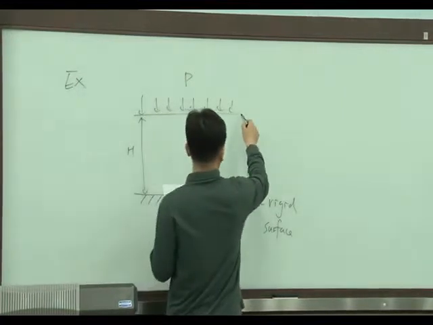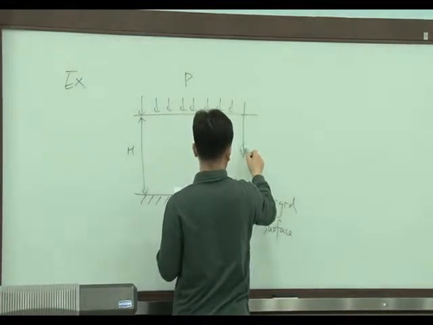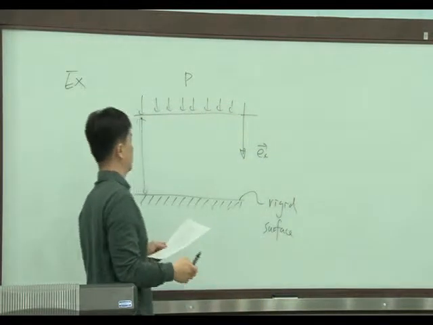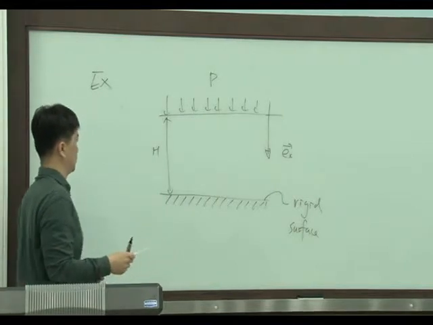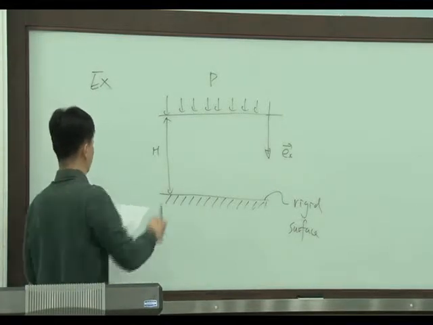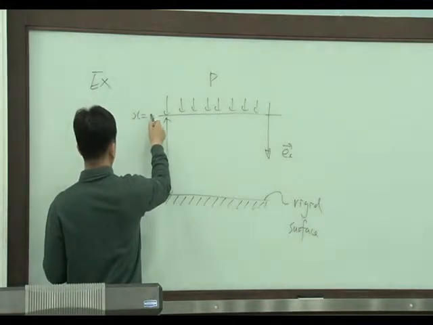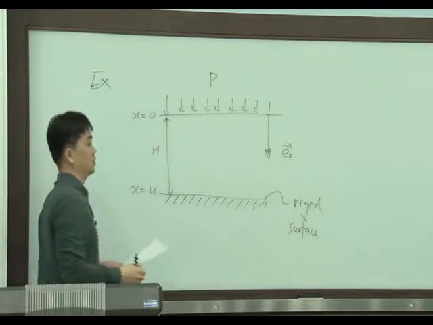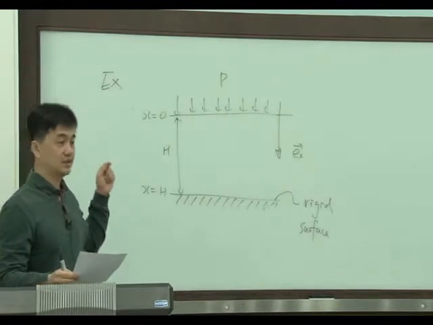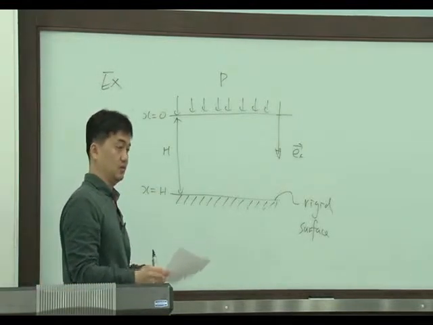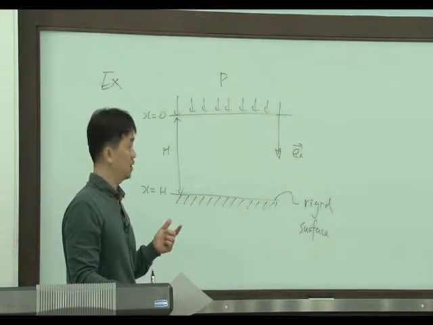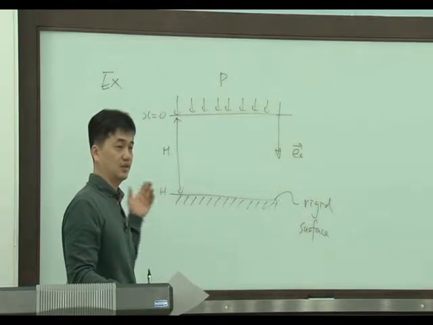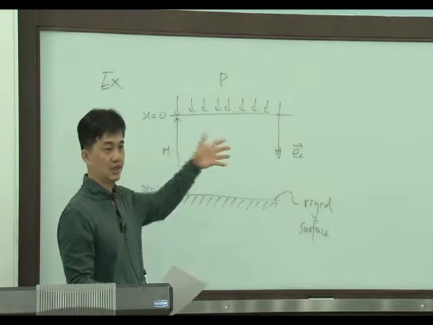And I'm going to consider the x direction as this, EX. So at the top x equals 0, at the bottom x equals H. And in the y and z directions, the size of the domain is infinite, right? So really big.